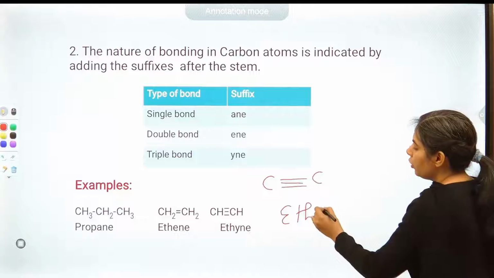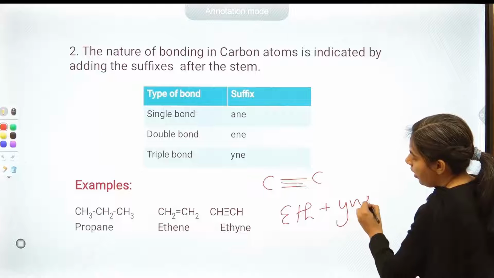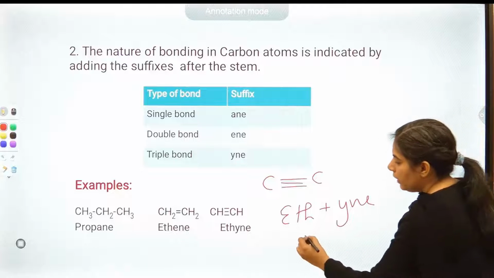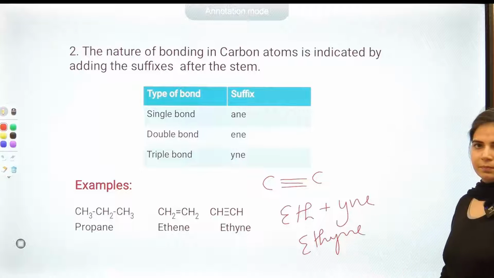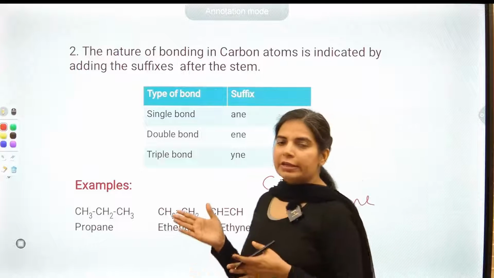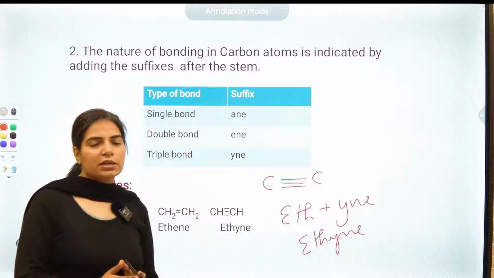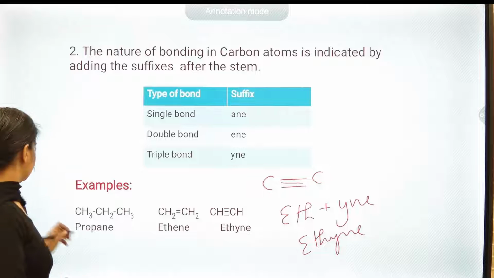For a triple bond, we are going to use the suffix yne. So collectively, we came up with ethyne. So that is all for naming when we are considering a stem and a suffix.